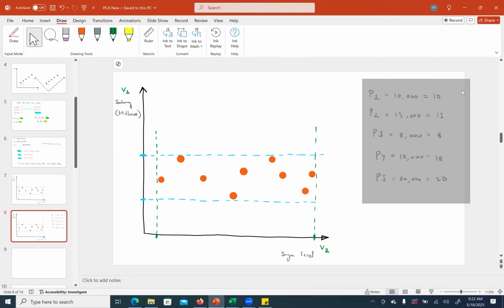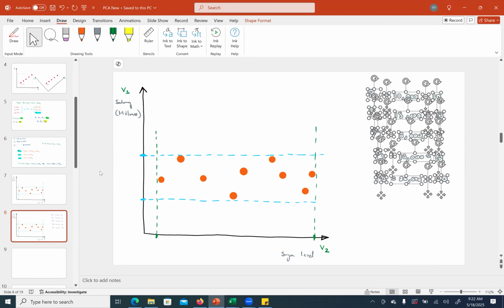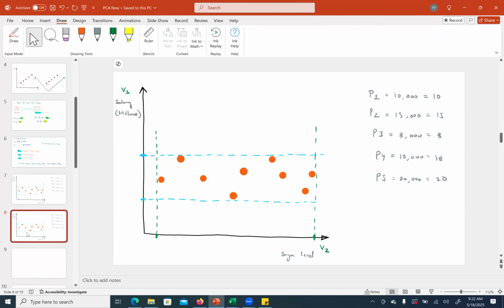What we have done is we have put salary in thousands. But what if I put salary in millions? Then instead of dividing by 1,000, I will divide by 10 lakh.